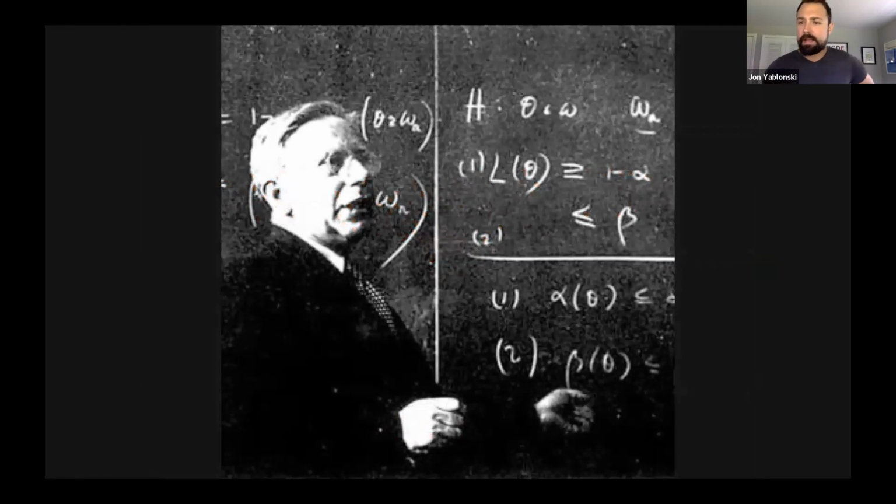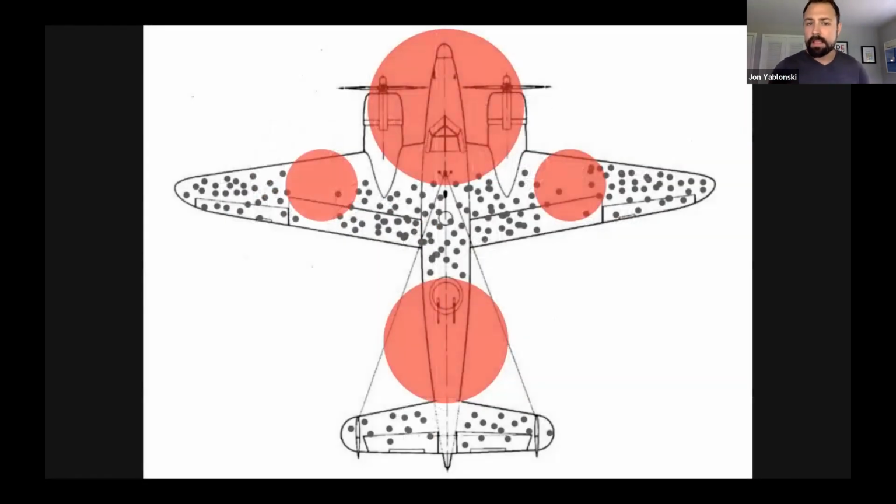It was this man, Abraham Wald, who said, wait a minute, we're not looking at the entire data set. We're not considering the planes that didn't make it back at all. We're only considering the planes that survived. Counter to his research colleagues, he suggested that the plating should move to the parts of the plane where the damage wasn't concentrated.